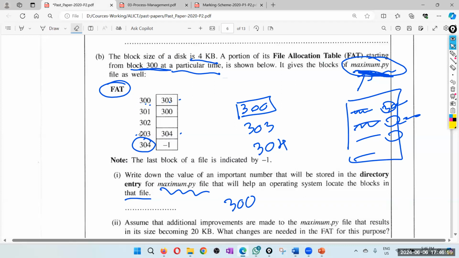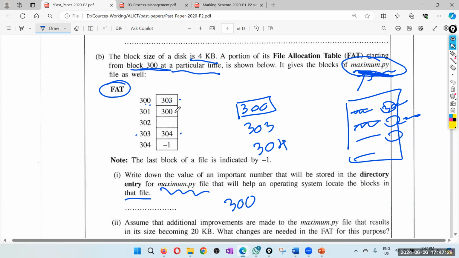The question says your blocks start from 300: 300, 301, 302, 303, 304, not the file. I thought it was the file, but it says the blocks start from 300 and go to 304. So we need to find out the starting point. This is sort of an incomplete question as well.